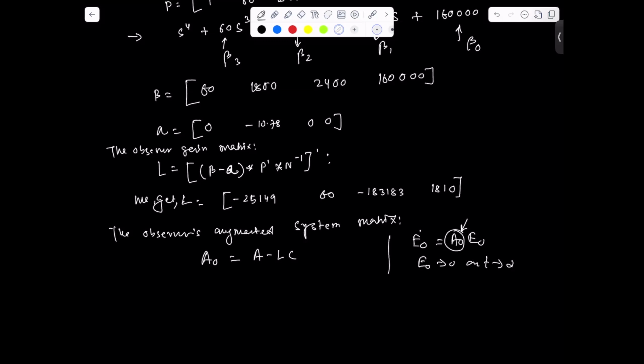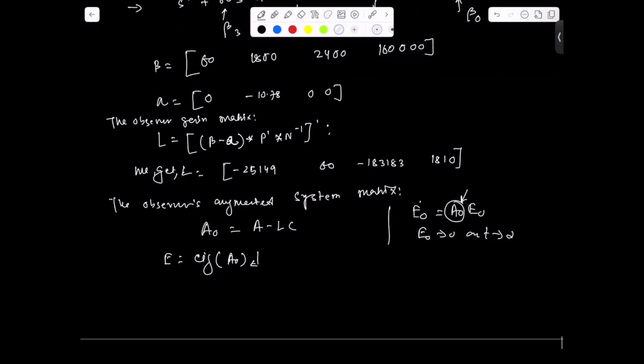So now if you find the eigenvalues of A naught, let's define E equal to this. If you enter it, we get the eigenvalues minus 20 plus minus 20i and minus 10 plus minus 10i.